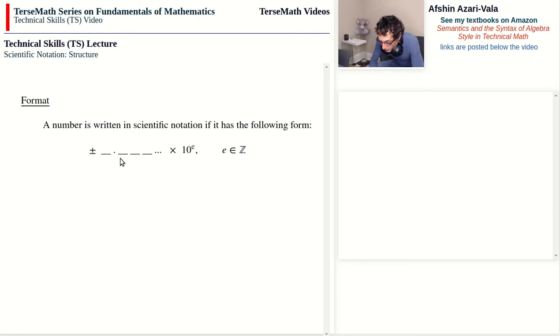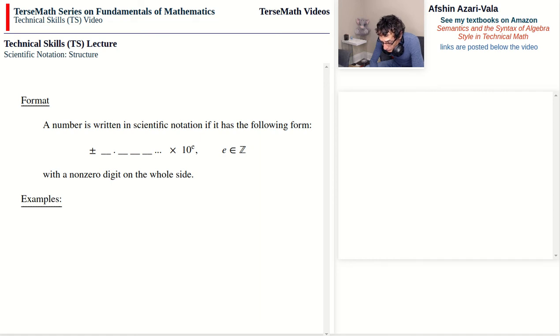On the right side of the decimal point, you may have no decimal digits. You may have one decimal digit or two of them or three of them or more of them. You must have times 10, and the exponent must be an integer. So again, on the left side, you have a single digit which is not zero, and the exponent is an integer.